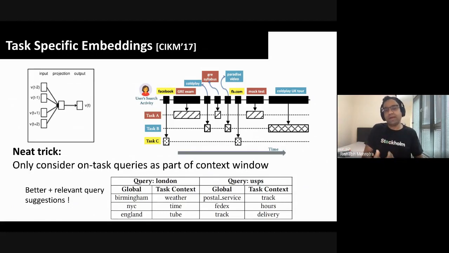So you can play around with what sort of context gets fed into your word-to-vec models, and then you learn different embeddings. We saw that with task-specific embeddings, you're able to do a lot better in terms of search, and it gives you a lot better query suggestions and related searches.